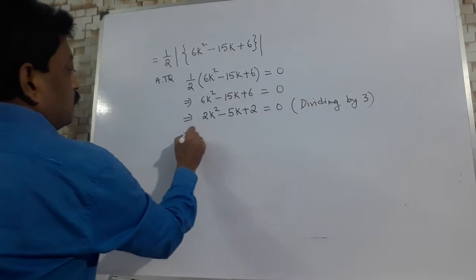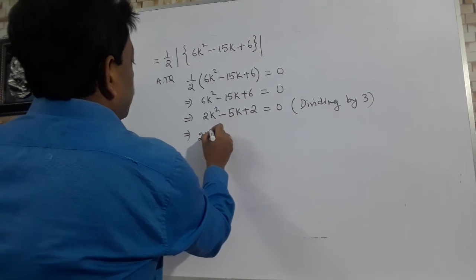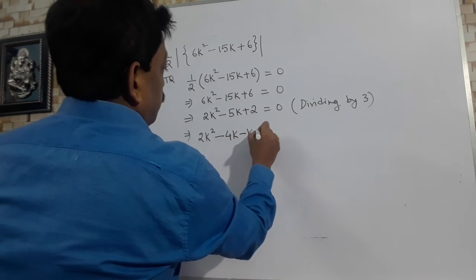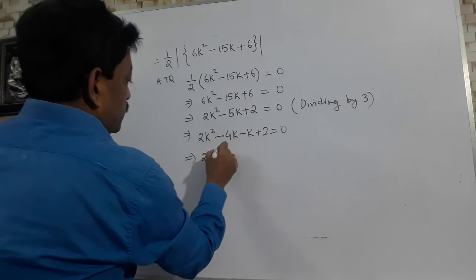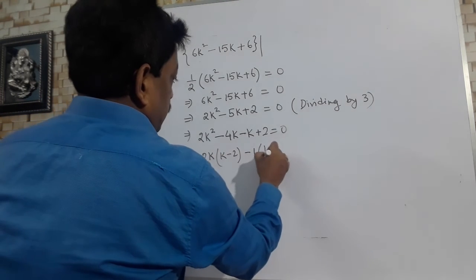Now after splitting the middle term, we get 2k square minus 4k minus k plus 2 equals 0. 2k is common, k minus 2, minus 1 is common, k minus 2.